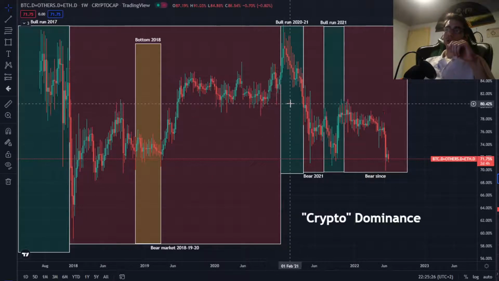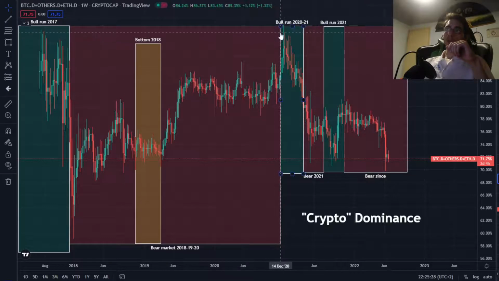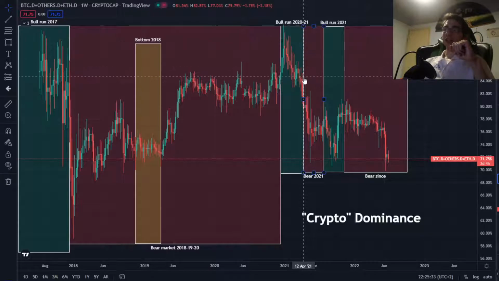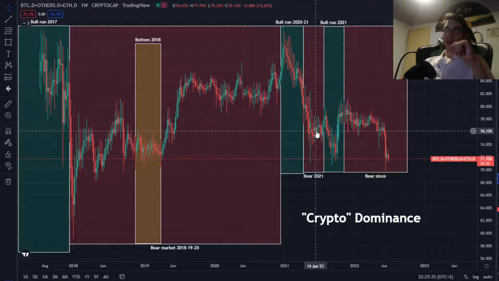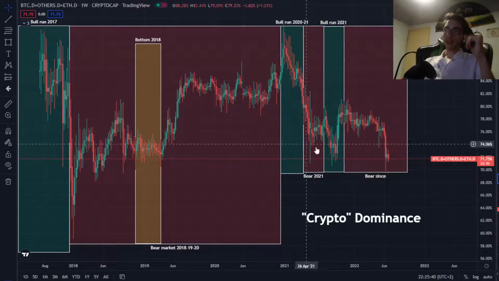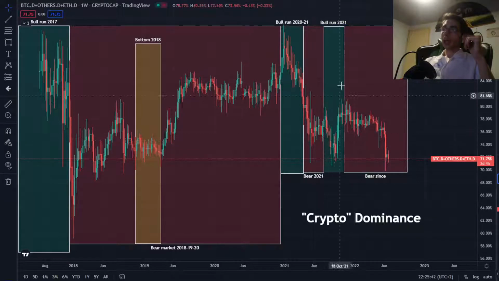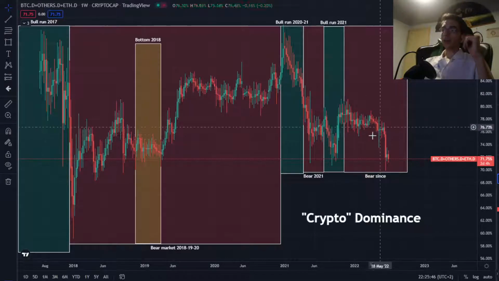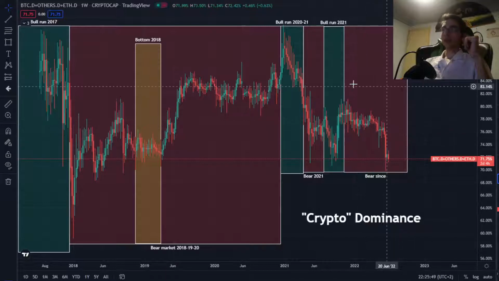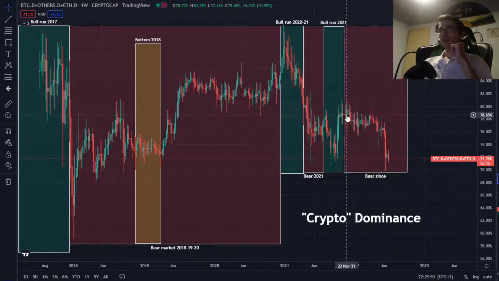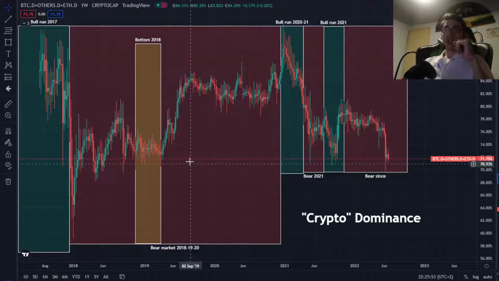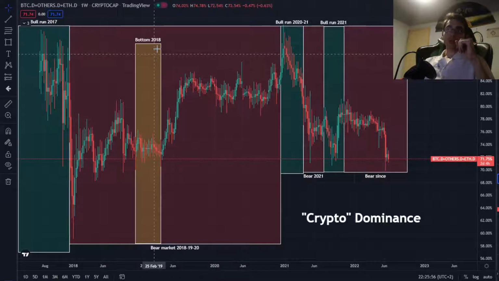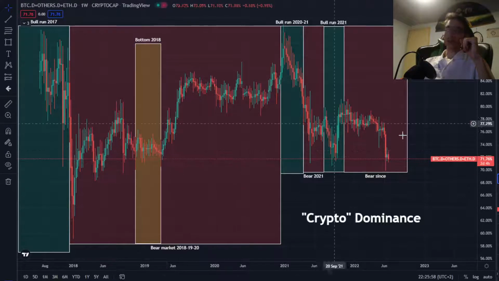I also divided the bull we had in late 2020 and 2021 since April, and then the, let's call it, bear last year in May, June, July. And then the bull run we took to the all-time high, and here the bear ever since, most likely since the end of November. And I also marked the bottom of 2018 where we touched the 3K, okay?